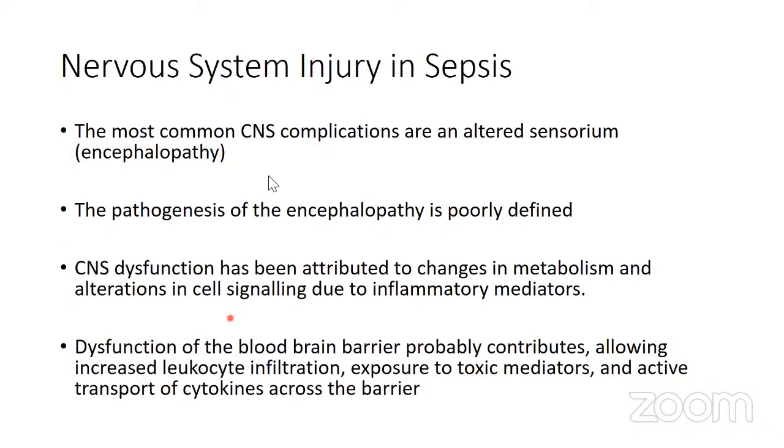However, they're suggesting that CNS dysfunction has been attributed to changes in metabolism and alteration in cell signaling due to the inflammatory mediators, as we have seen with the others. But also, a dysfunction of the blood-brain barrier probably contributes, allowing increased leukocyte infiltration, exposure to toxic mediators, and active transport of cytokines across the blood-brain barrier.